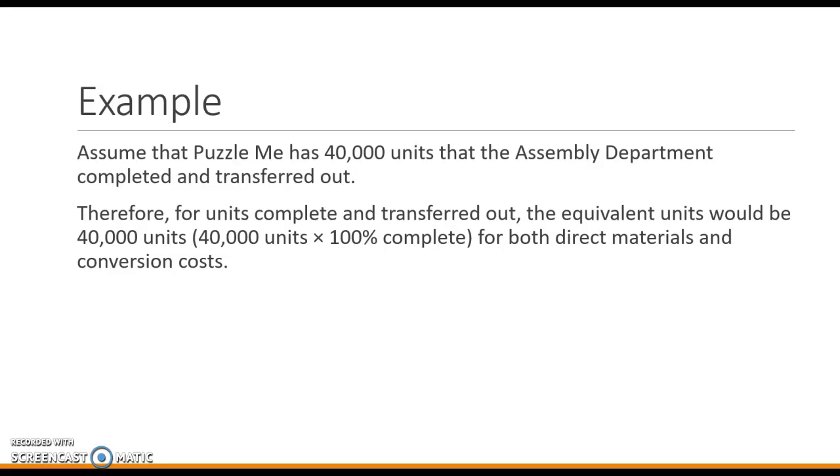So 40,000 units times 100% complete is 40,000 units. The 40,000 real units are the same as the 40,000 equivalent units.